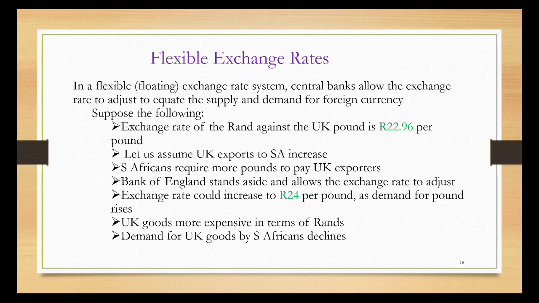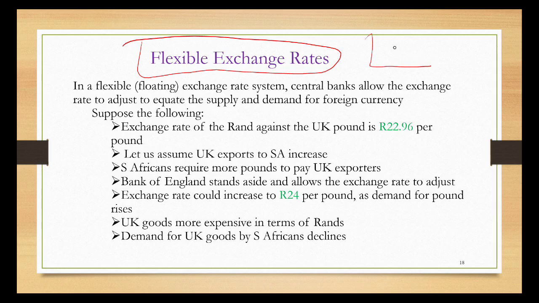Flexible exchange rates, here we go. This is what almost every country does. South Africa does the same thing. With a flexible exchange rate, our exchange rate fluctuates. Now you might be thinking, how does our exchange rate fluctuate? The core thing we learn about how price actually moves is supply and demand.